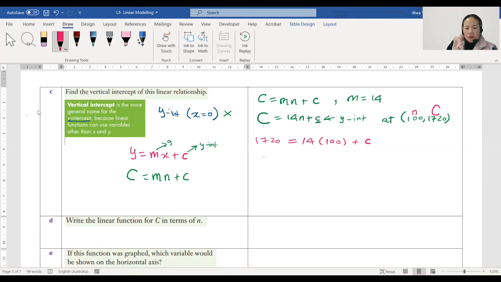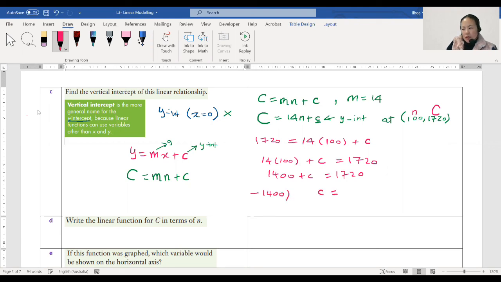So 14 times 100 plus c equals 1,720. So 1400 plus c equals 1,720, and I'm going to take away 1,400 on each side.